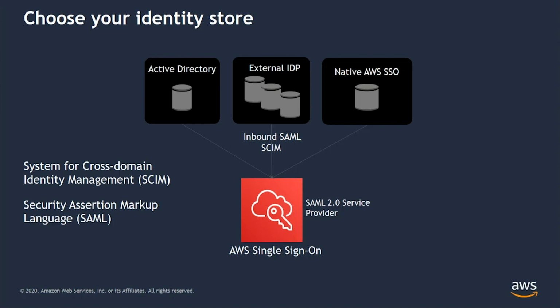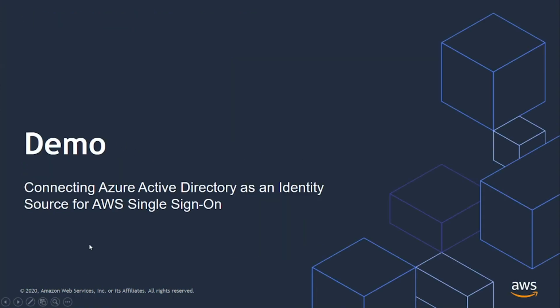And of course, AWS SSO is a Security Assertion Markup Language, or SAML 2.0, service provider. And with that, we actually support the inbound provisioning of users and groups from your chosen identity store. So of course, you can manage your users and groups from your identity store of choice. So without further ado, let's get on to the AWS SSO demo, where I'll be showing you how to integrate with Azure Active Directory and configure that with AWS Single Sign-On.